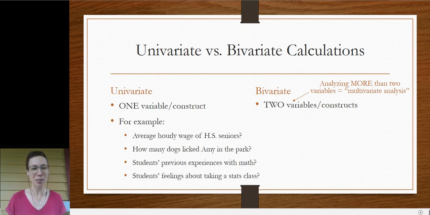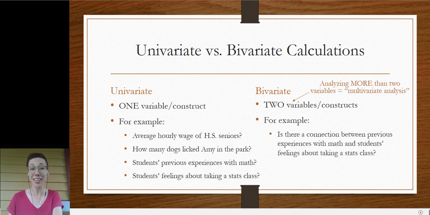We're looking at one variable there. A couple variables that we're going to talk about today as well are students' previous experiences with math and students' feelings about taking a statistics class. Those are variables of interest that we might want to describe with averages, with standard deviation, etc. These are ways of describing student responses to those types of questions in our data set.